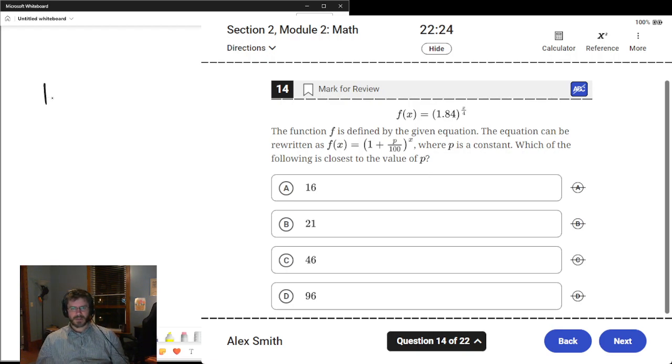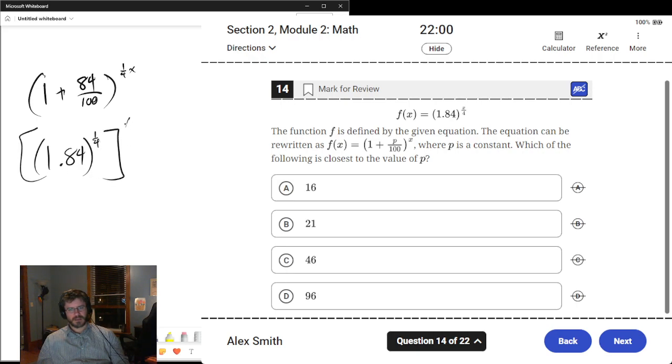So we got 1 plus 84 over 100 raised to the 1/4 x. Distribute that 1/4 through. You get 1 plus. So I don't like the plus there. We're going to keep that as 1.84 to the 1/4 to the x. So that's what I'm going to plug into my calculator.